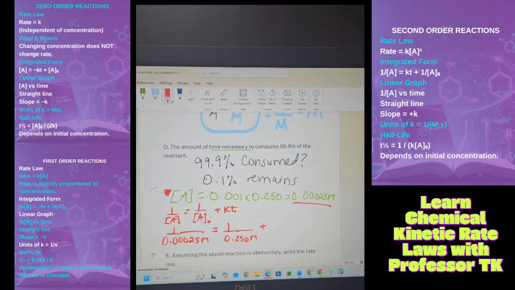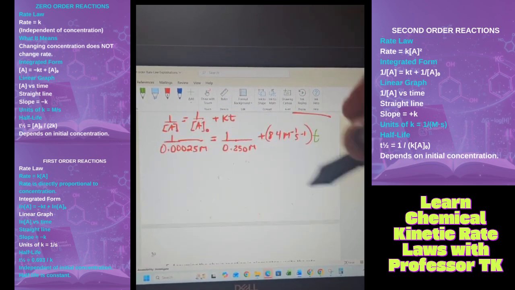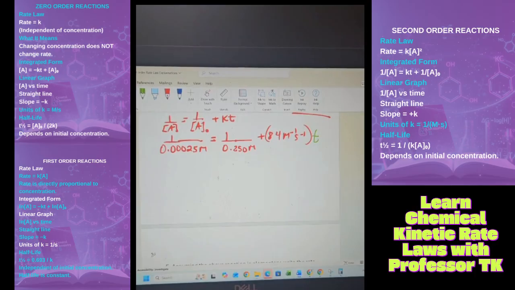Plus your rate constant, remember that 84 number? That was up above as well, and that was per molarity per second. And then times T. That's what we're looking for: your time. It says how much time necessary. Now all you have to do is do the math, get T by itself, and you are coming on home.